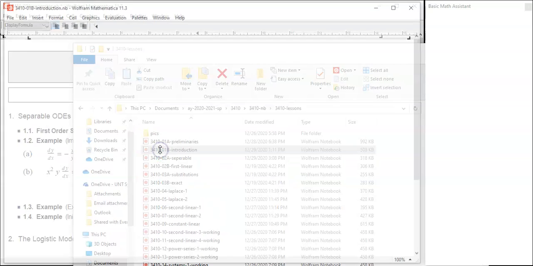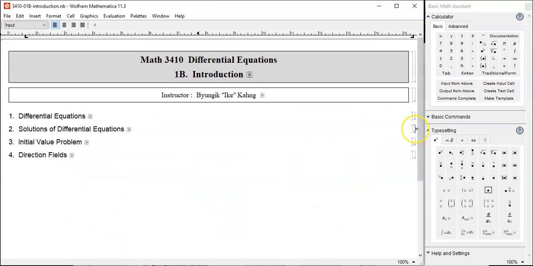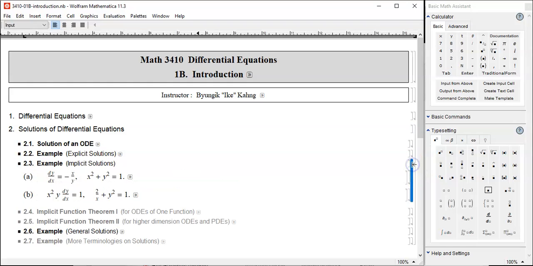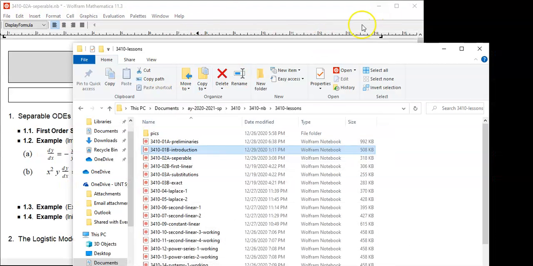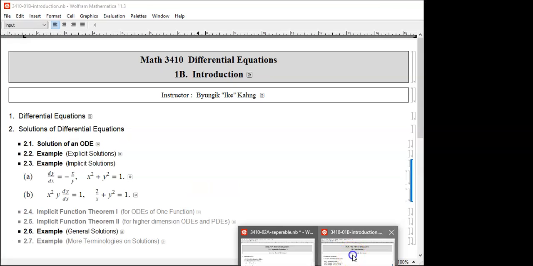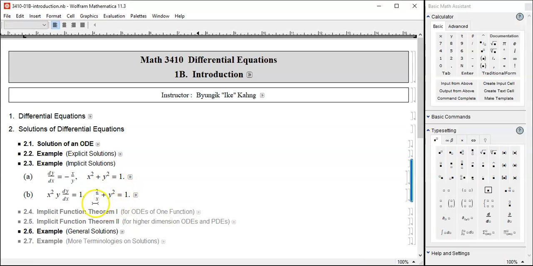Let's see. 01b, and it's this one, isn't it? x squared y dy/dx is equal to 1. Yes, that's it. And what is the solution? Well, this was the solution. And let's see if we can get that.